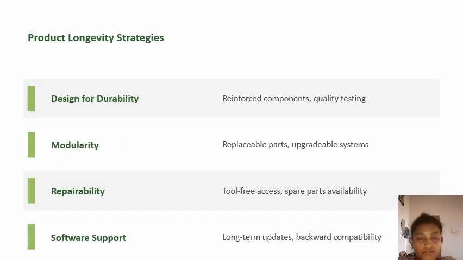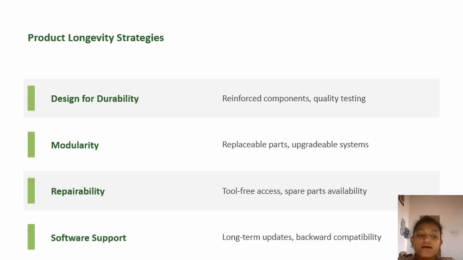Then product longevity strategy. These four are major in this step. First one, design for durability. It is meant by reinforced components and quality testing. Second one, modularity. Modularity is meant by replaceable parts and upgradable systems of the products. Again, repairability.